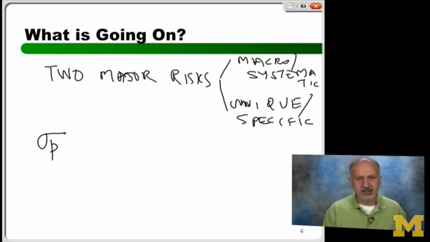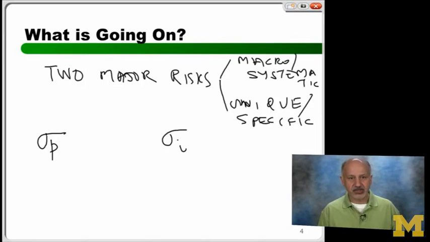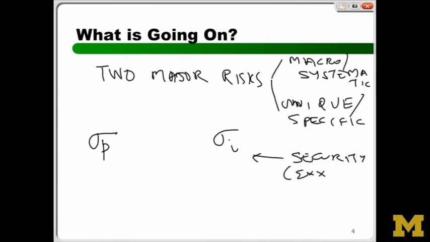Turns out this is sigma p, and let me call sigma I the standard deviation of a particular security I. So this is a security, say for example Exxon, and this is, in our case, S&P 500.